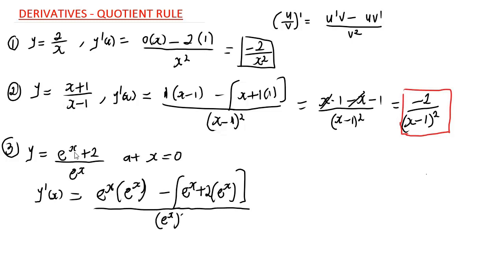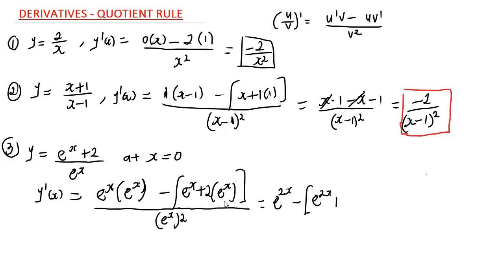This is divided by v squared, which is e raised to the power of s squared. So e raised to the power of s multiplied by e raised to the power of s is going to give us e raised to the power of 2s. Now, if you take a look at the value inside this parenthesis, e raised to the power of s is going to multiply everything.